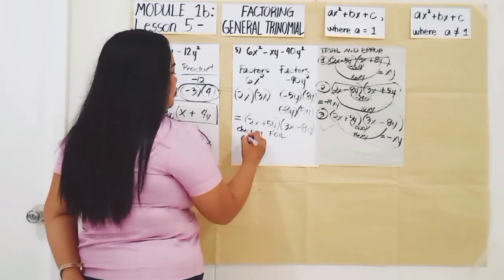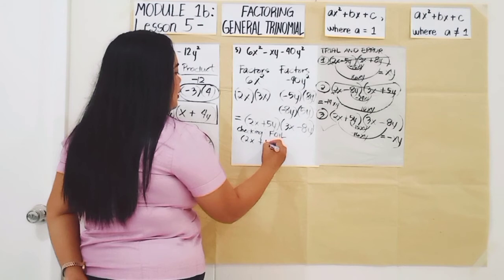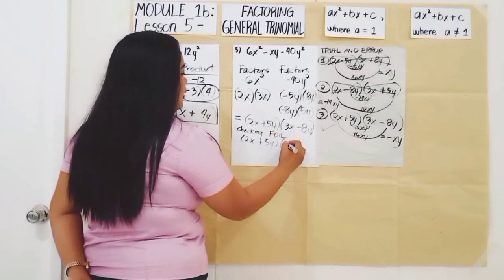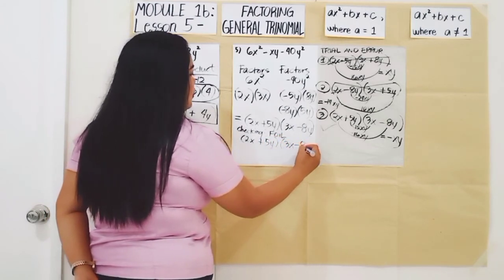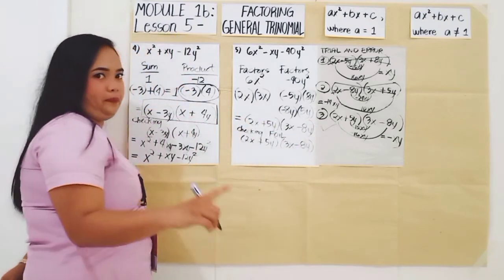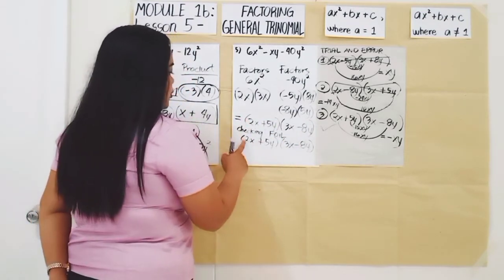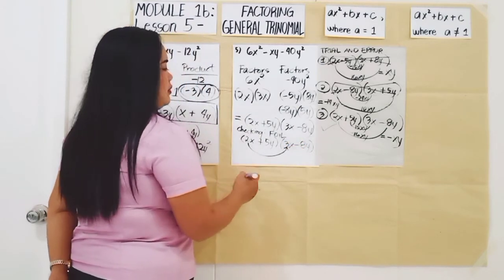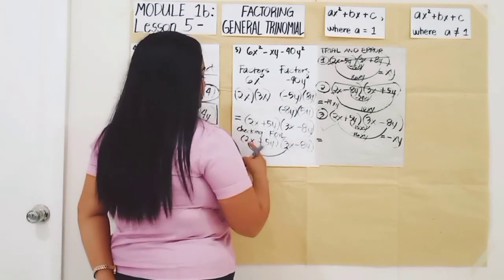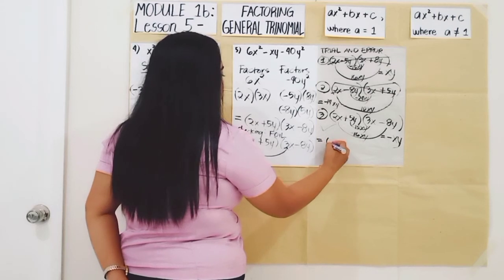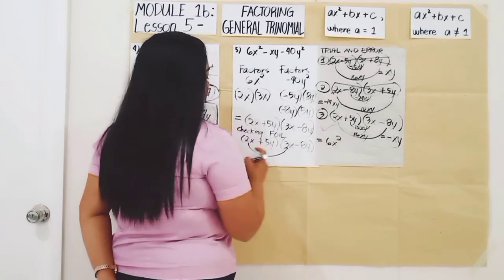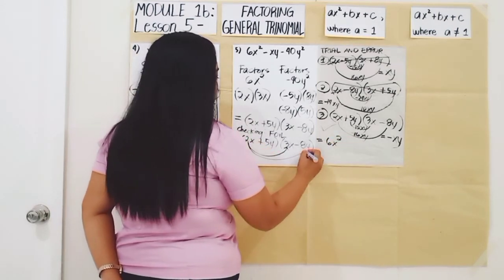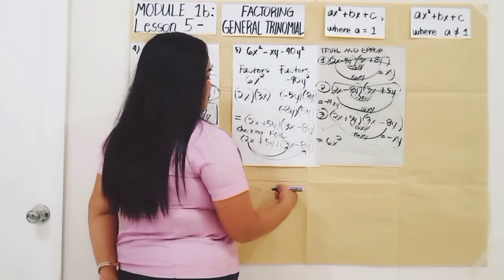Okay? So, you multiply 2x plus 5y and 3x minus 8y. First terms, 2x times 3x. What is the answer? That is 6x squared. 2x times negative 8y.